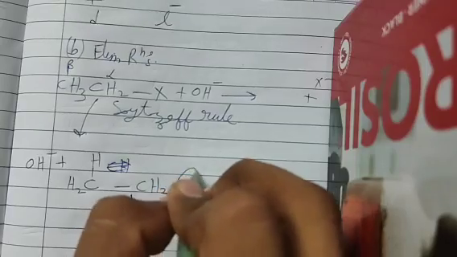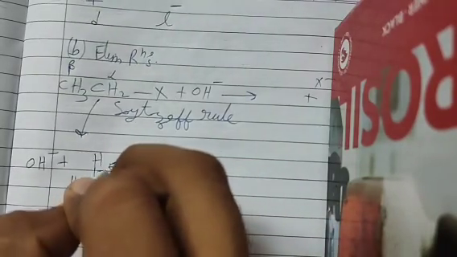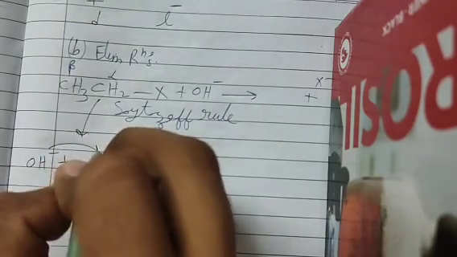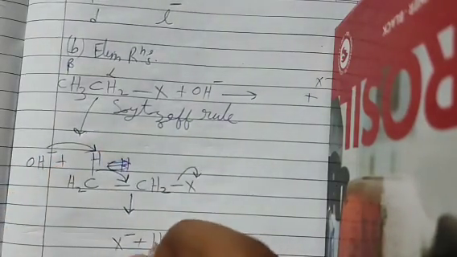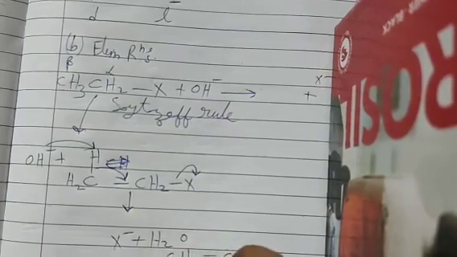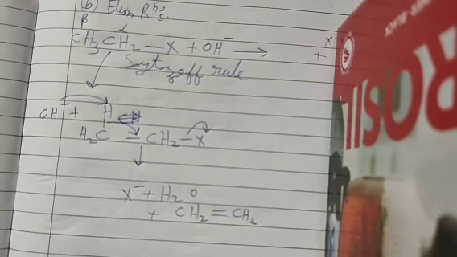What will happen, my halogen gets removed as X minus, and this bond comes here as a double bond, and this base takes this hydrogen away as water, plus I am getting an alkene. So this is my dehydrohalogenation reaction. Now when to follow Saytzeff rule?